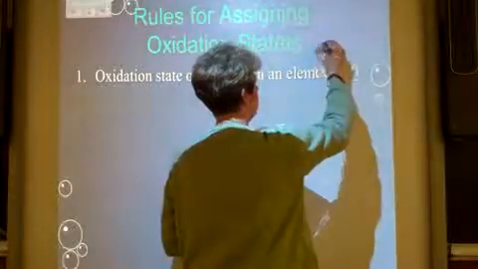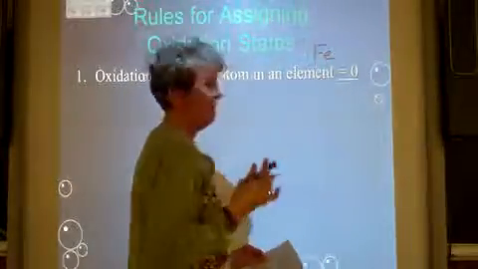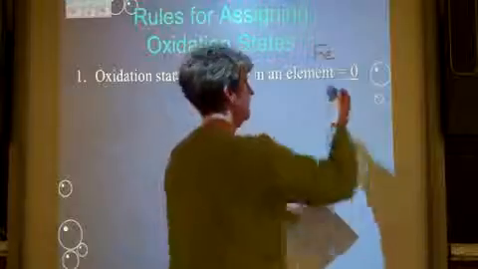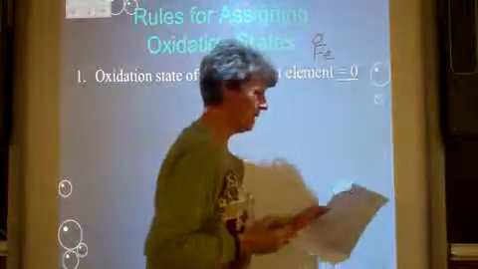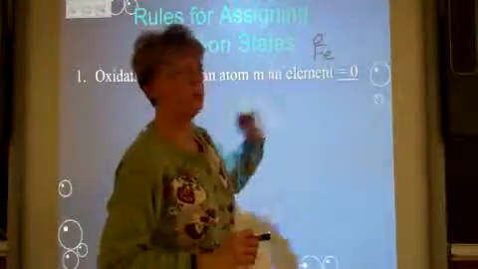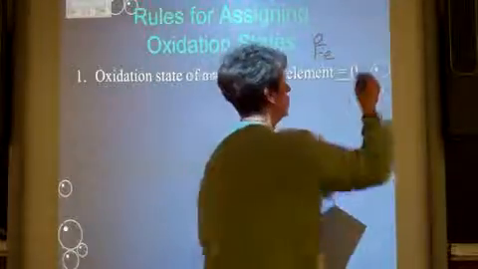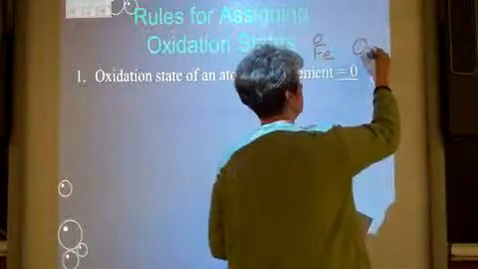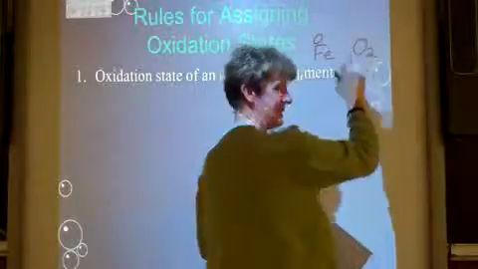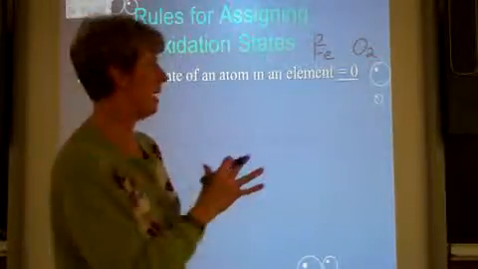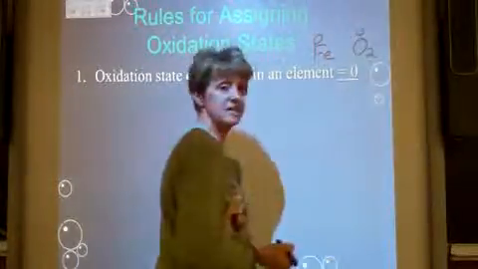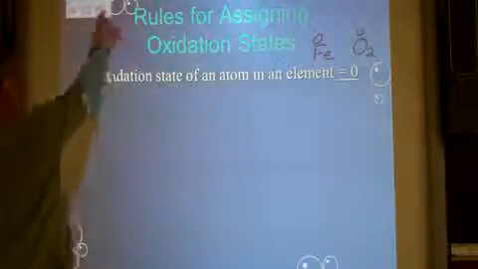Their sample there is Fe. Fe all by itself is 0. And then we put the oxidation number above the element. O2 is another example. O, it's an element. It happens to be diatomic. It also is 0 for its oxidation number.